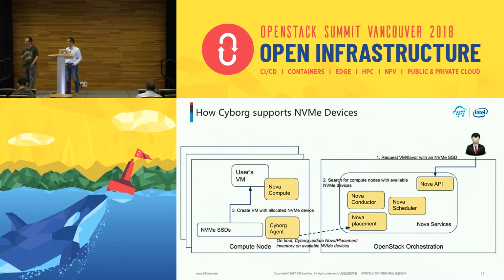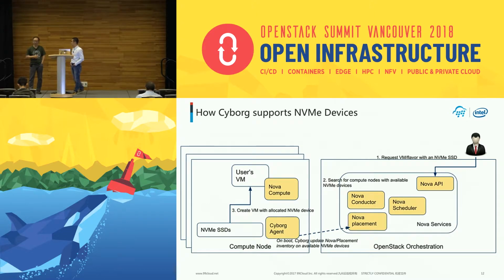The old name was Nomad, and 1 year ago we renamed the project from Nomad to Cyborg. So Cyborg is new, and the vGPU support in Nova is relatively old. But the GPU support has been done recently.